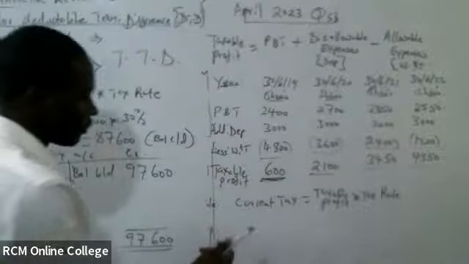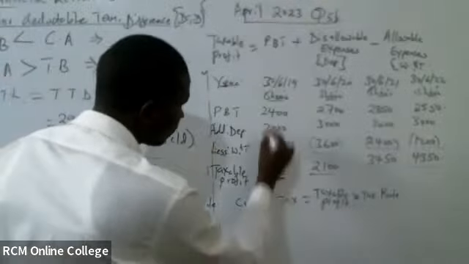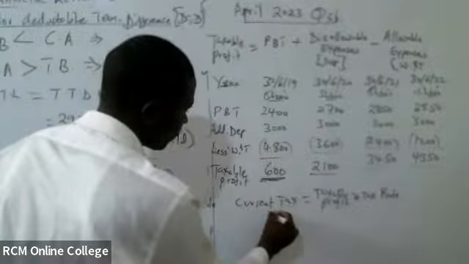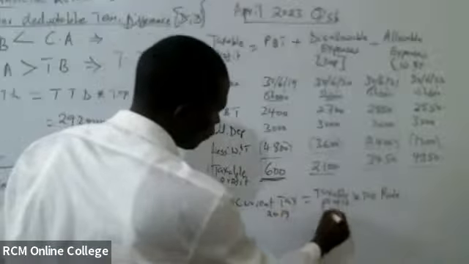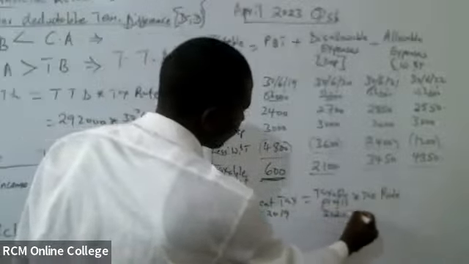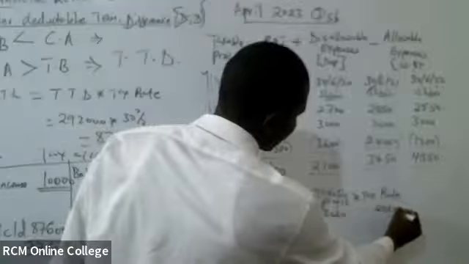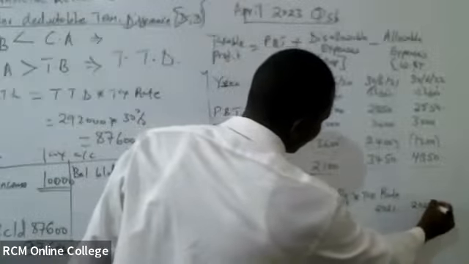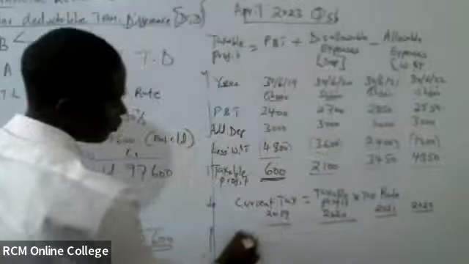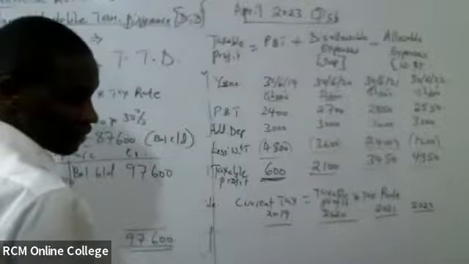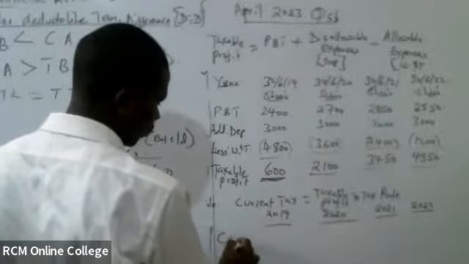30%. So I'll be having 2019, 2020, 2021, 2022. Our shillings are in thousands. So current tax for each.